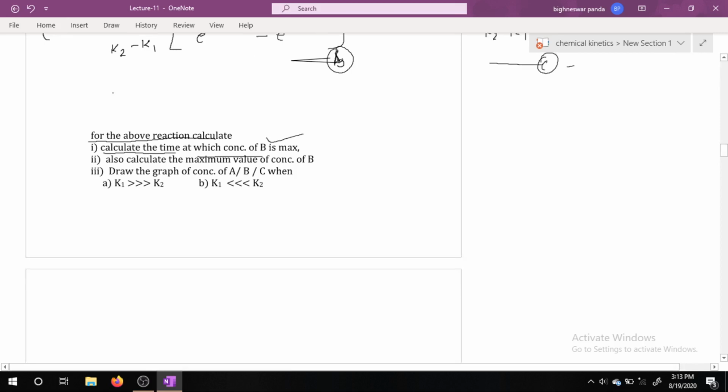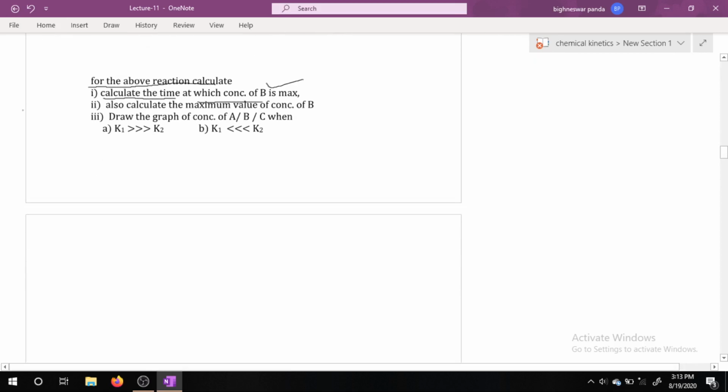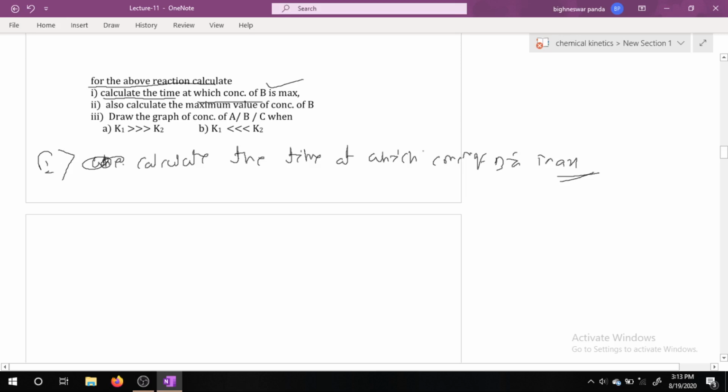First, number 1, to calculate the time at which the concentration of B is maximum. I know the function.